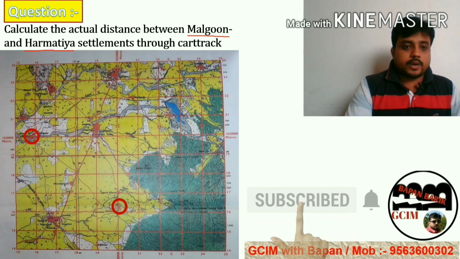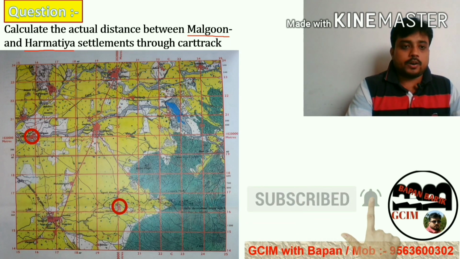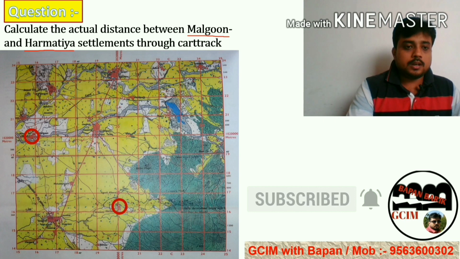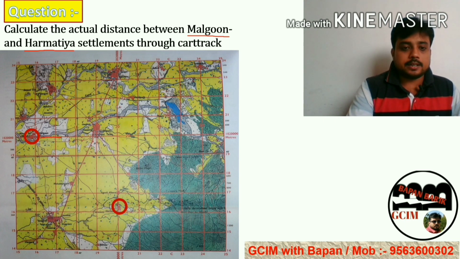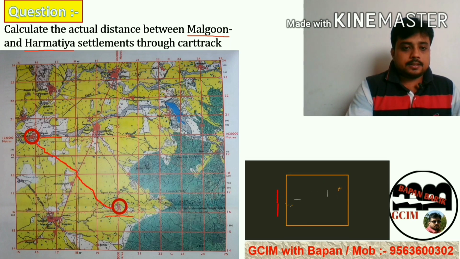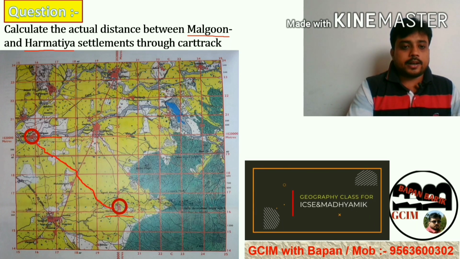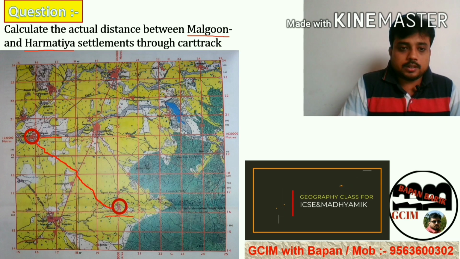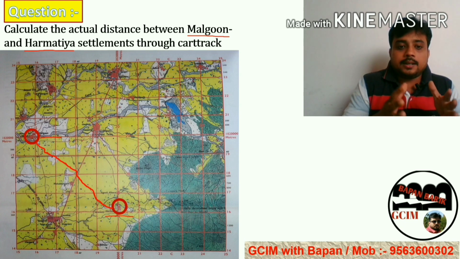Viewers, you can see two settlements are already marked. This is Malgaon and this is Harmatia, and this is the cart track. You have to find out the actual length of this cart track. Then we will get the actual distance between Malgaon and Harmatia.